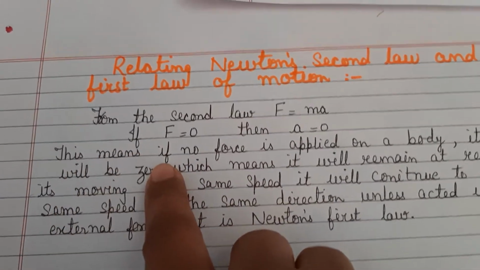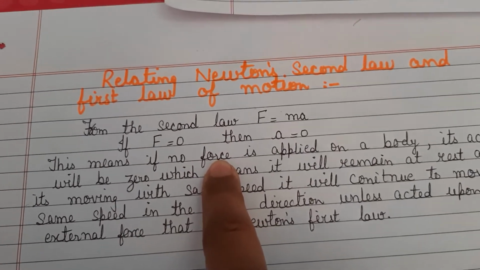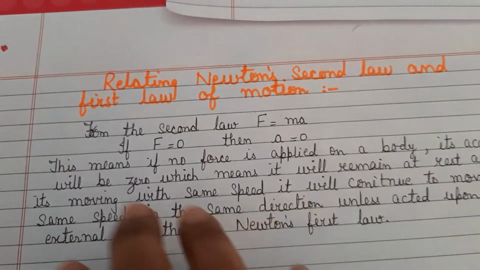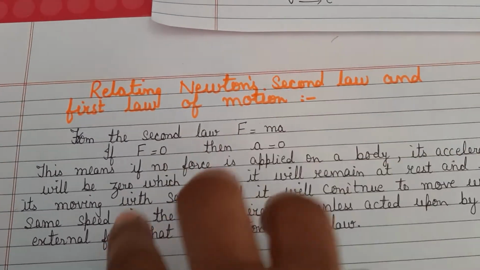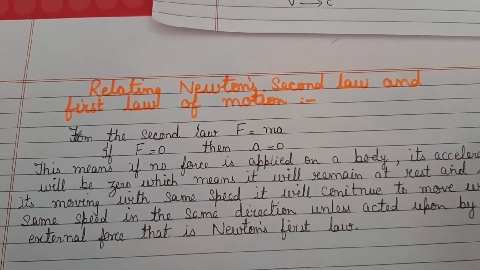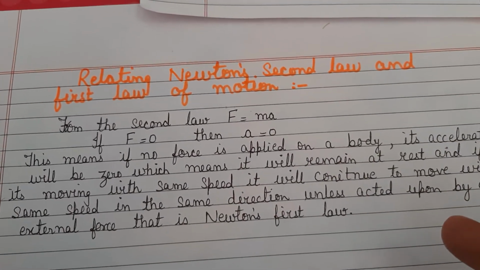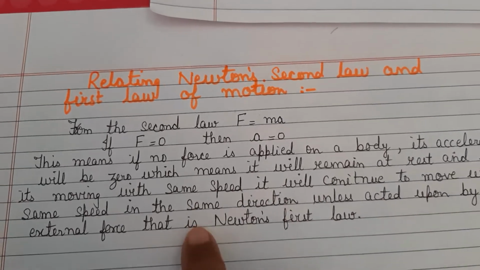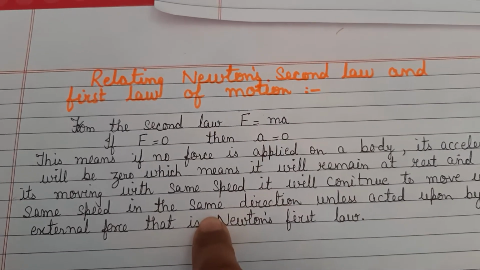So what does this mean? That in the absence of an external force, there is no acceleration, and if there is no acceleration, the body will continue to remain at rest, and if the body is already moving in one direction with uniform speed, it will continue to move with the same speed unless and until an external force is applied. And that is Newton's first law.